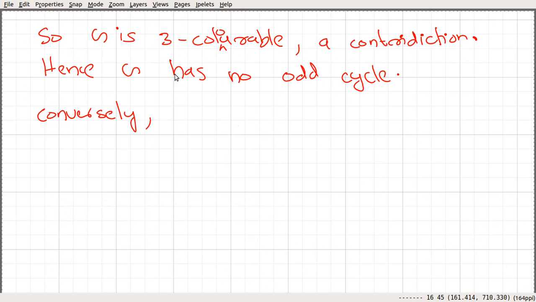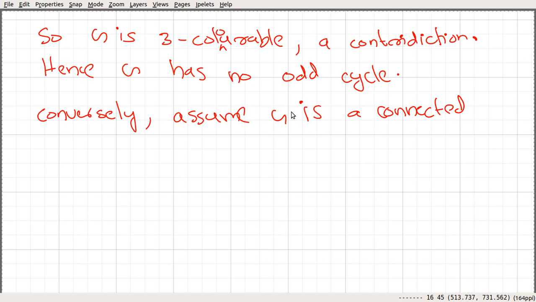Conversely, assume G is connected. We only need to prove it for a connected graph. If the graph is disconnected, then apply the following argument to each and every connected component, and that will give you the proof for a disconnected graph.